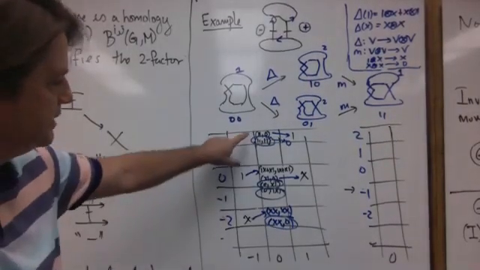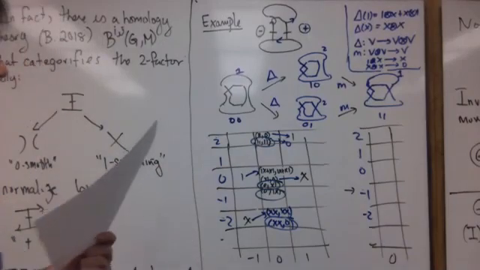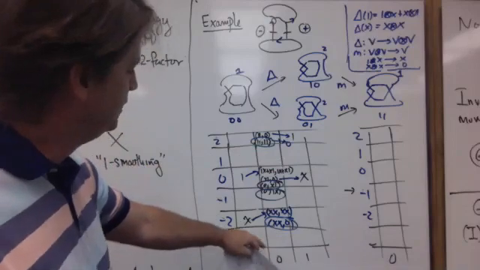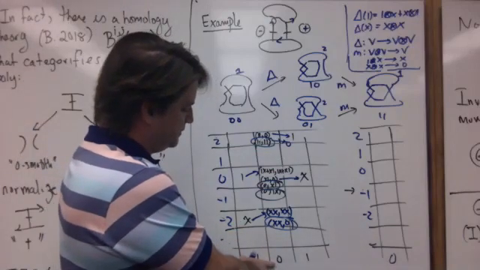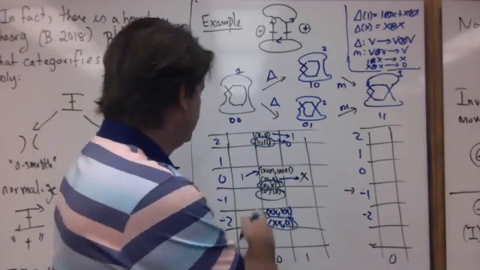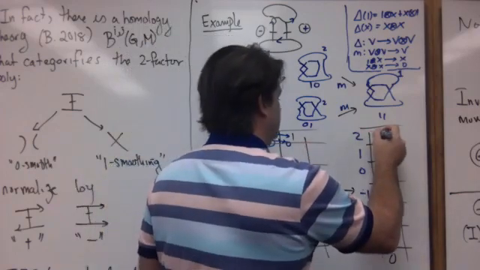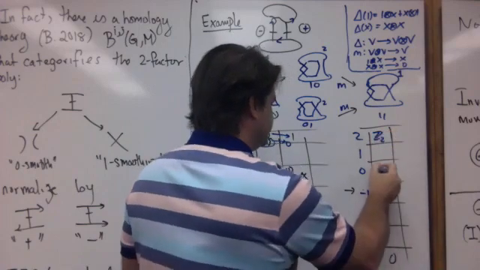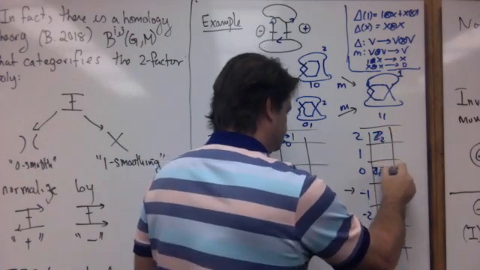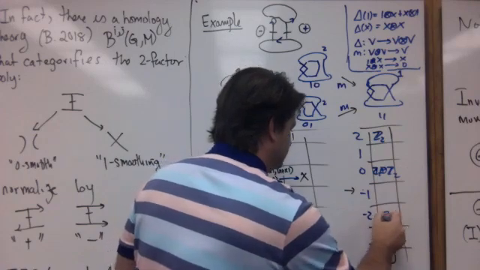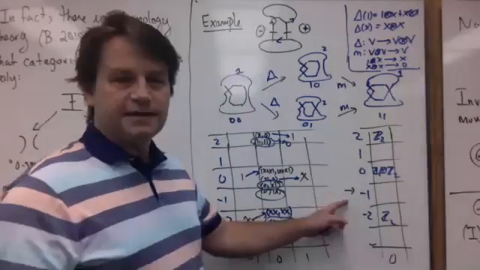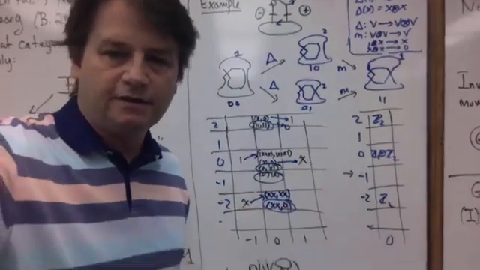And so what I see is that my homology has nothing in the -1, and nothing in the 1, but in dimension 0, I have Z2. In 0, I've got Z2 plus Z2. And in -2, I've got Z2.